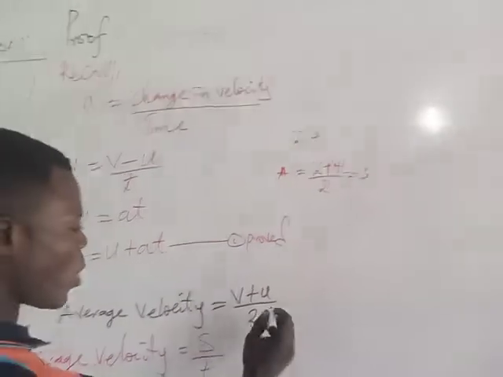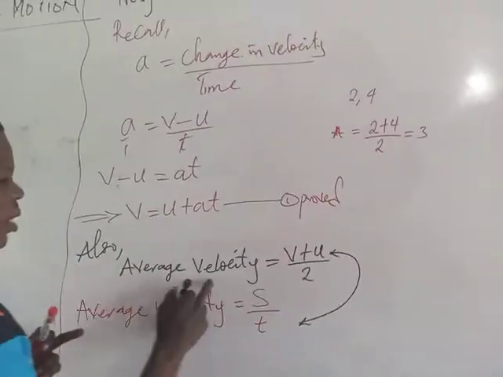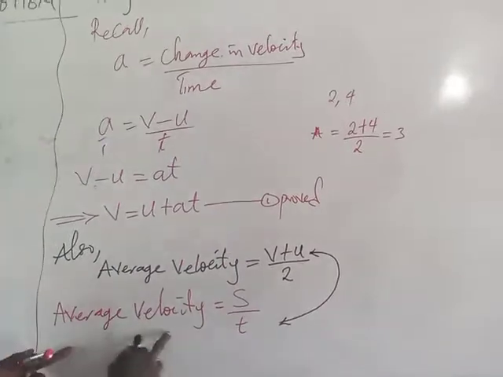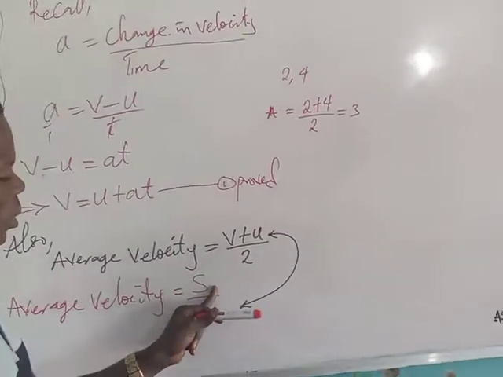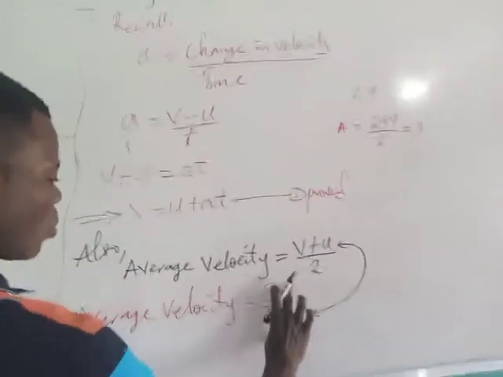We can now equate these two equations. Since average velocity is this, and average velocity is also total distance over total time, it means this is equal to this.